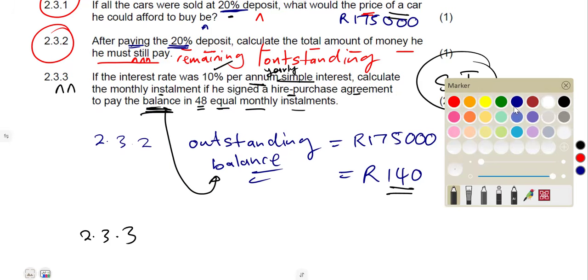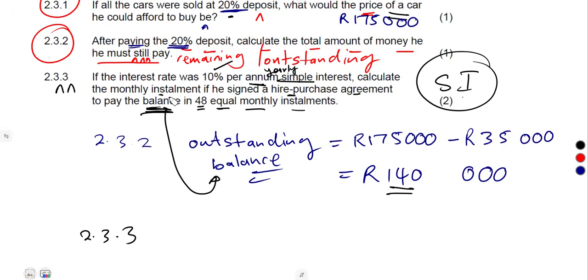Let's first work out what is to be paid, because this is a balance which is to be paid. Like I said, you take it as a loan, there's an interest, and it's simple interest. So what is to be paid?